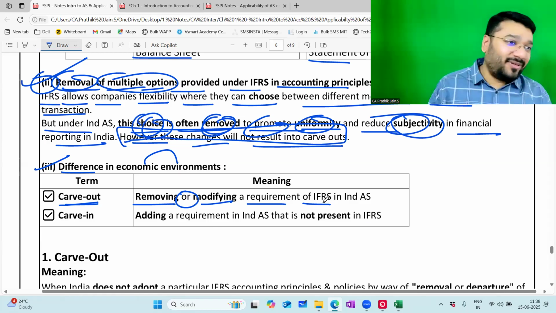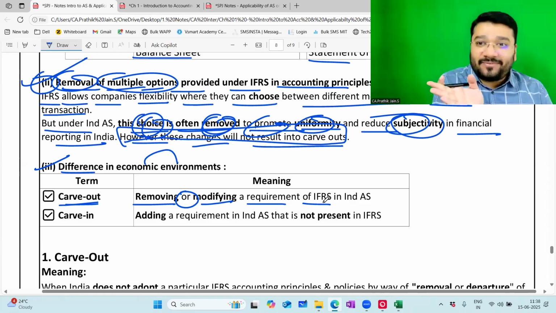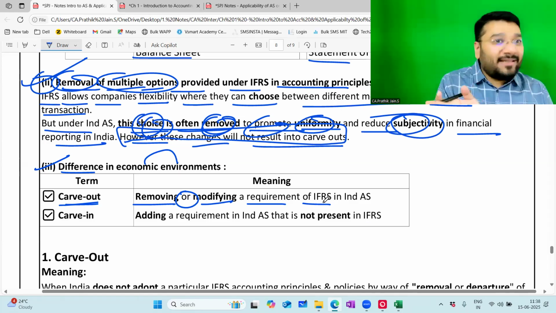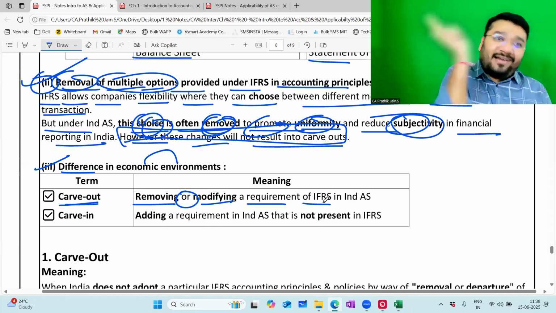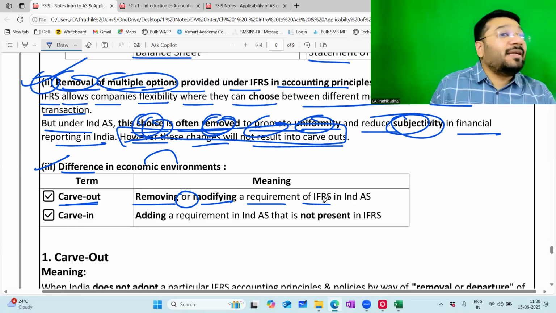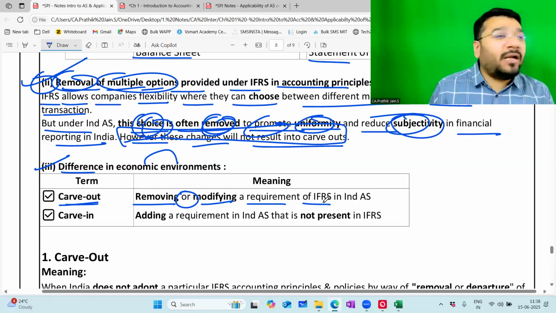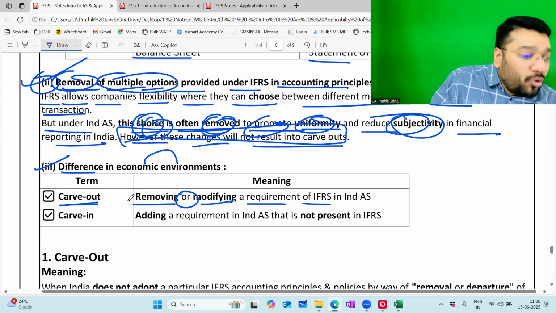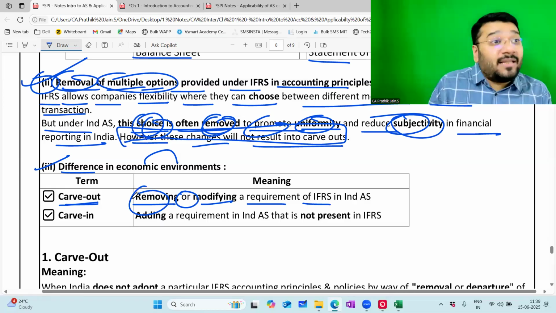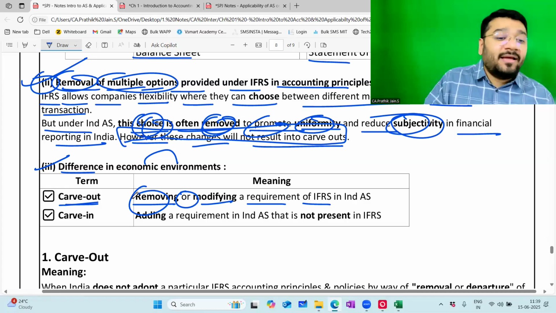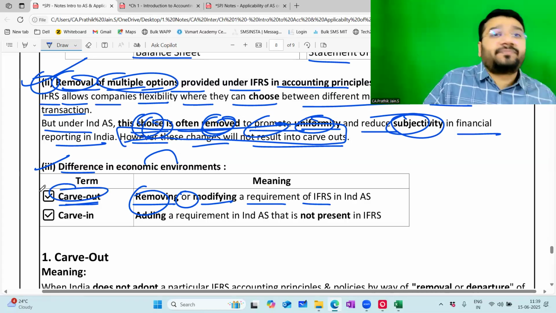IFRS said take right. What did we say? No, we'll not take this right. I'll go straight and take another right, and I'll come to the same location. That is called deviation. That deviation is called carve-out. Removing what point they said, or significantly modifying what point they suggested, is called carve-out.